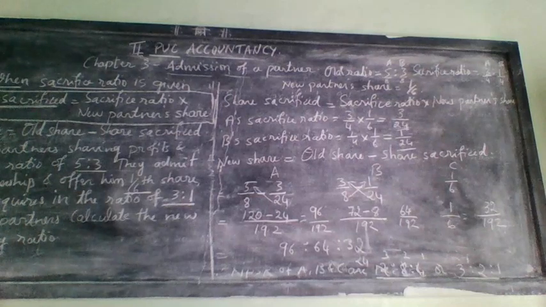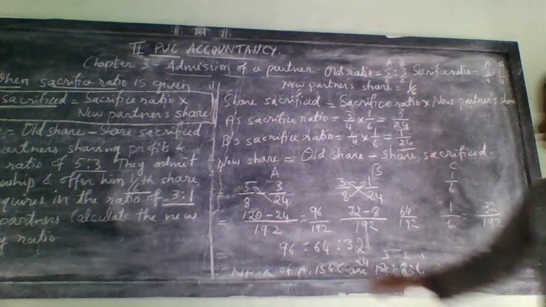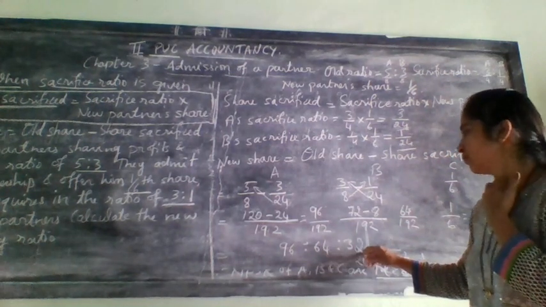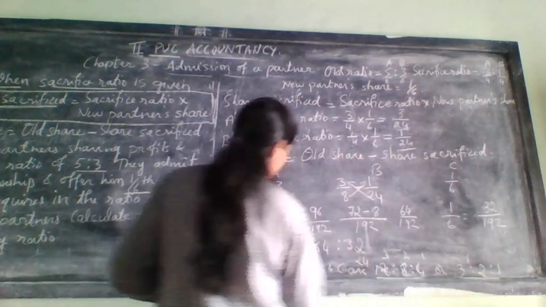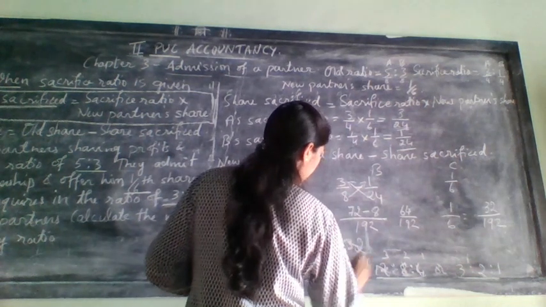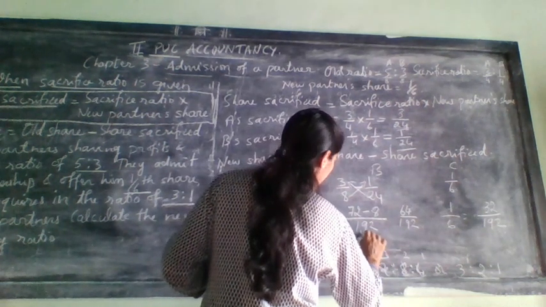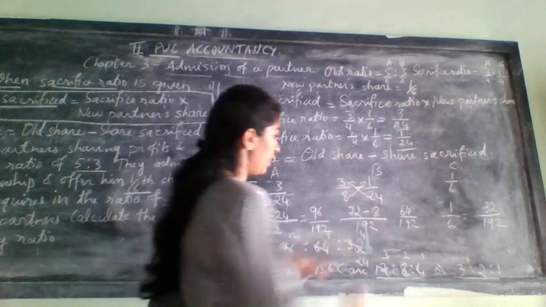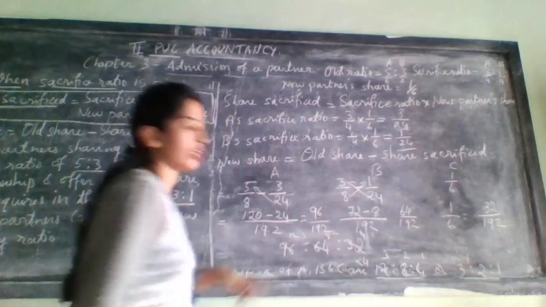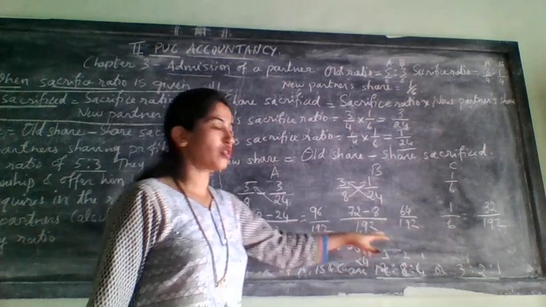I think it is divisible by 8. 8 12s are 96, 8 8s are 64, and 8 4s are 32. Again now you can simplify. 4 1s are 4, 4 2s are 8 and 4 3s are 12. Again it will come 3:2:1.